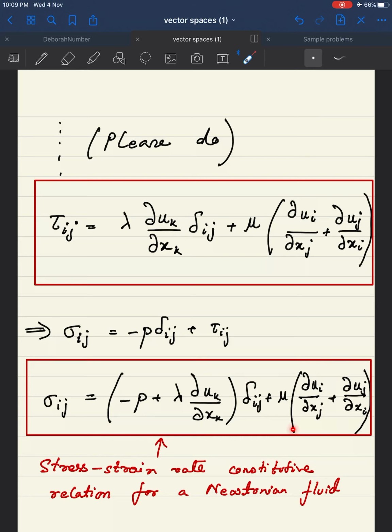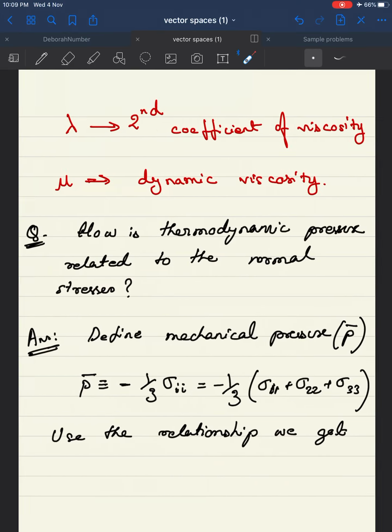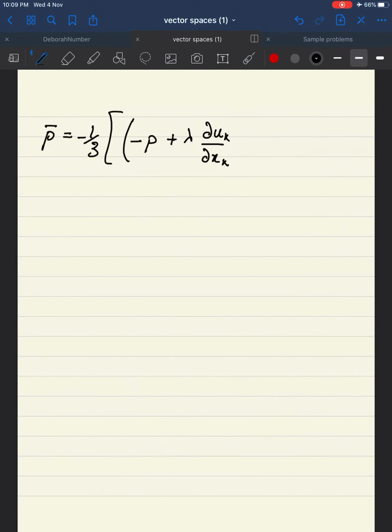So this term is there, but this term is also there, and this term will now be twice of mu del u. So for sigma 11, this will be del u1 del x1, okay. So plus 2 times mu of del u1 del x1.